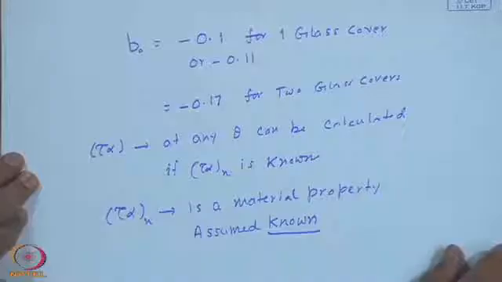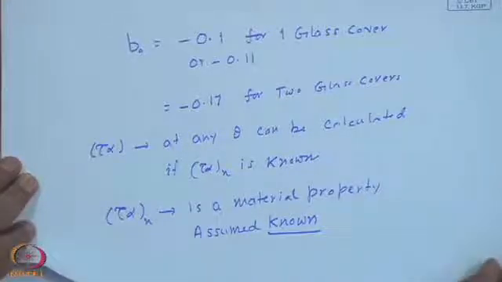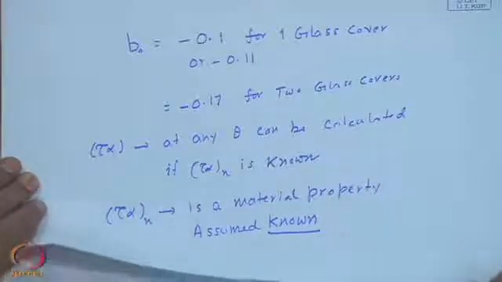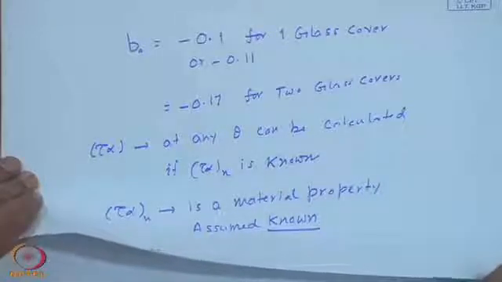So, we know the transmittance absorptance product at normal incidence, and we can calculate it at any other angle of incidence with this law, which contains the incidence angle modifier coefficient b0, and which will take on the value of minus 0.11 or minus 0.17 depending upon 1 glass cover or 2 glass covers.